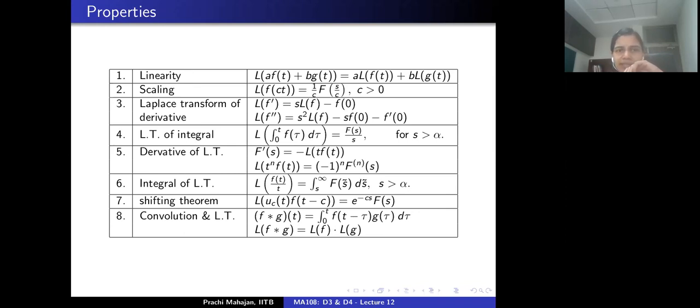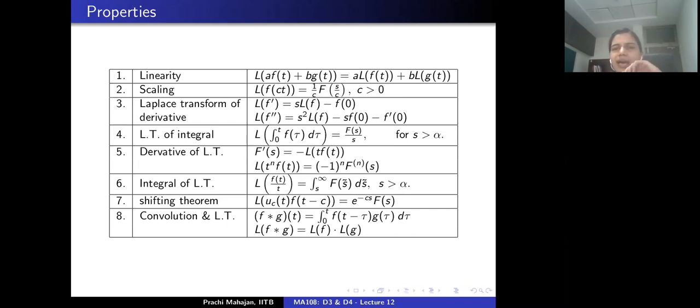The third is how the Laplace transform of the derivative of f can be written in terms of the Laplace transform of f. All of this is under the assumption that f satisfies certain hypotheses, which is to be taken into account.